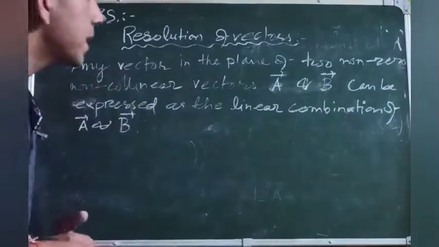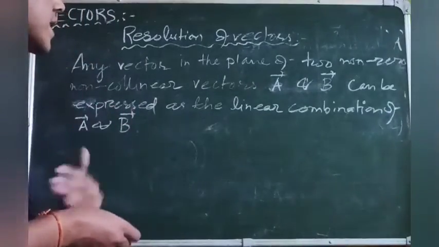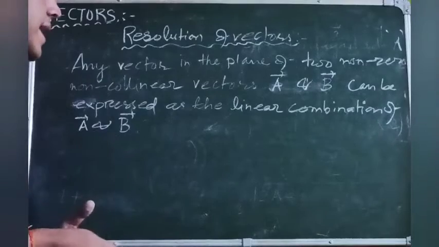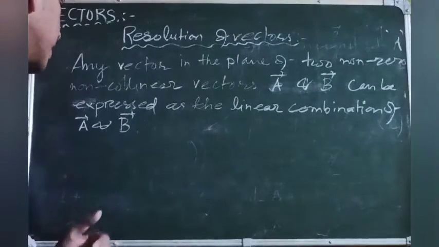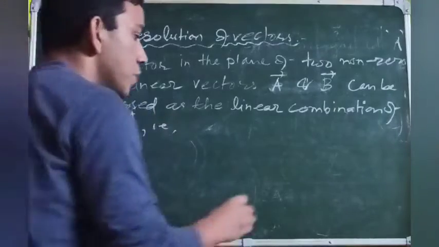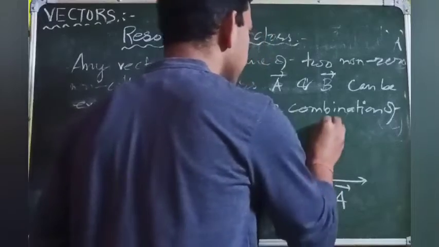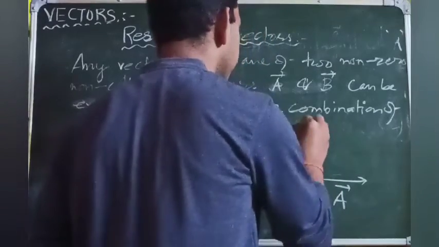Any vector in the plane of two non-zero, non-collinear vectors, a vector and b vector, can be expressed as the linear combination of a vector and b vector. That is, suppose this is a vector and this is b vector.